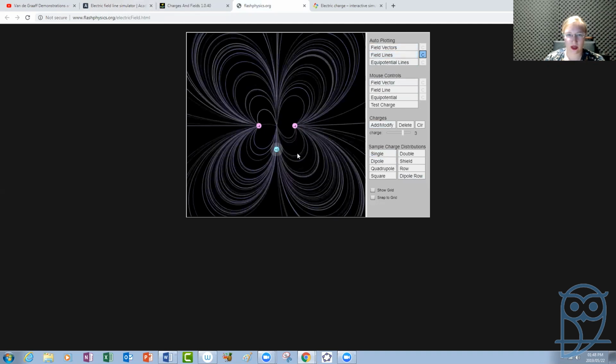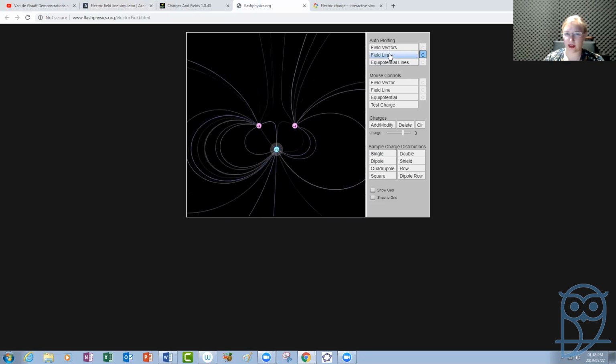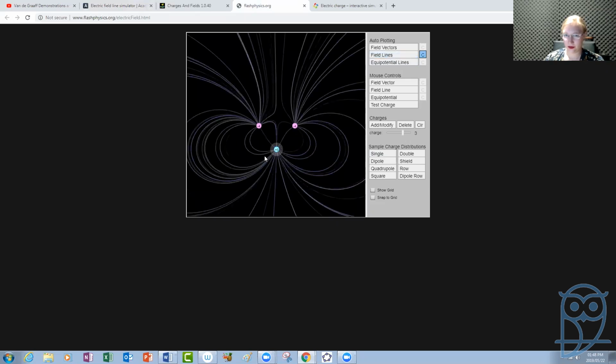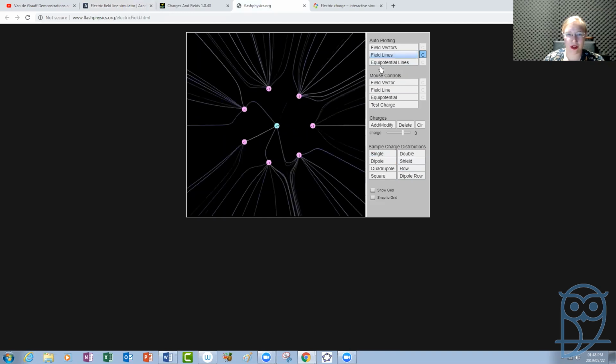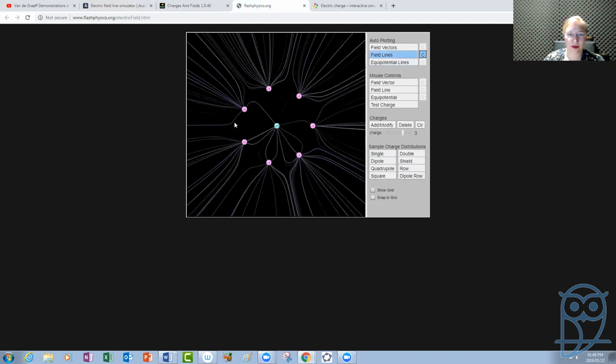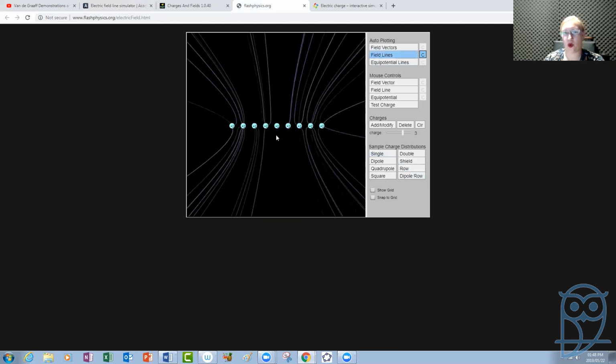We can even move these around, clear it up, and then add in the field lines again. So you can see what all of these different configurations have. You are most welcome to go play around with it. It is remarkably fun to play around with. This is what it would look like if you just had a big row of these.